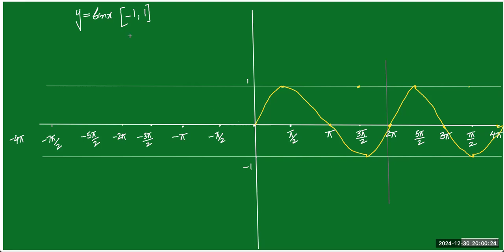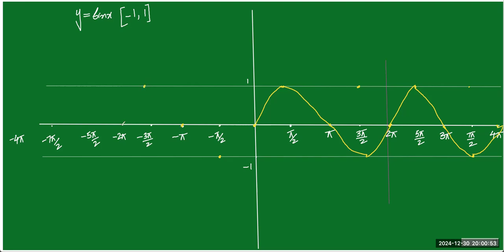First value sin 0 will be equal to 0. Then sin minus pi by 2 is minus 1. Then sin minus pi is nothing but 0 only. Then minus 3 pi by 2 is plus 1.